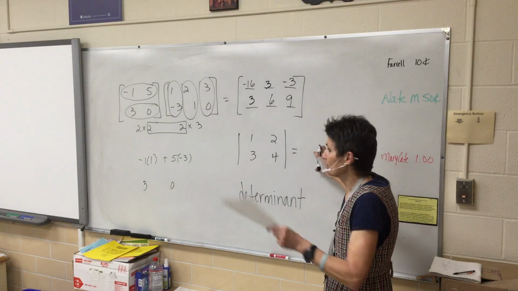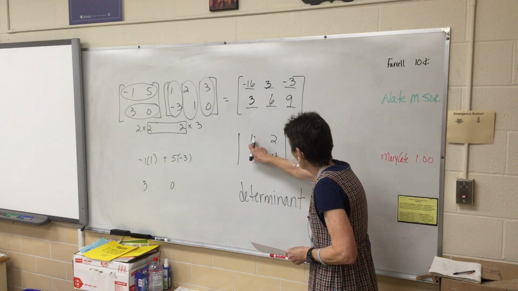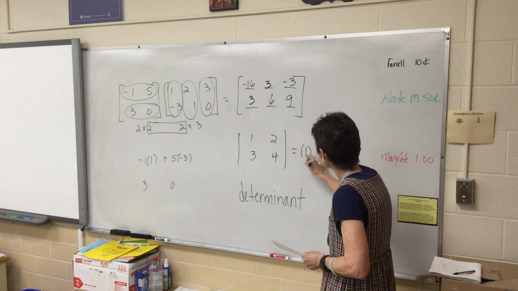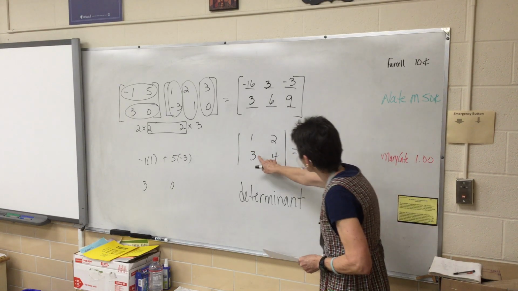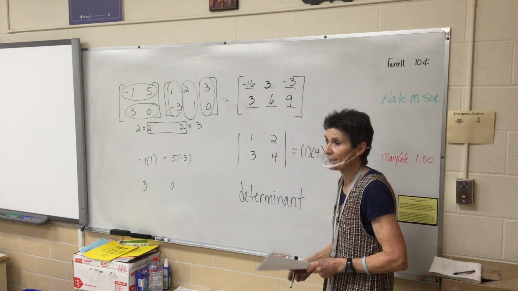To get the number, it's very, very simple. You take 1 times 4 and 3 times 2, and you subtract them.